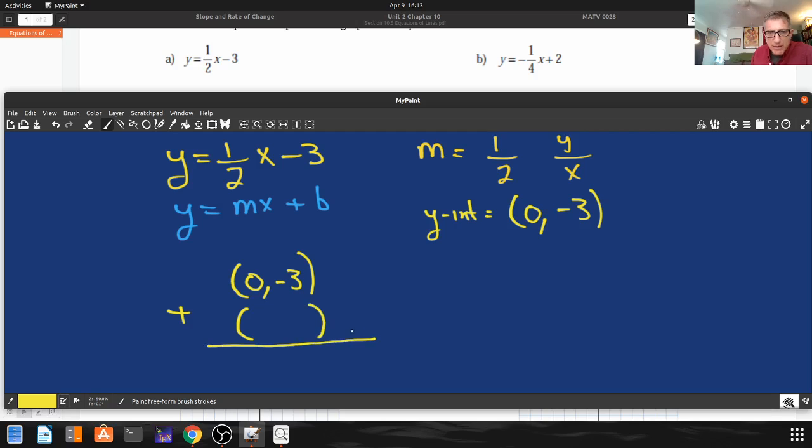Just remember, your adder point isn't necessarily a point. So my x value is 2, and my y value is 1. And I get my new point down here by just adding. 0 plus 2 is 2. -3 plus 1 is -2. So now I have another point.